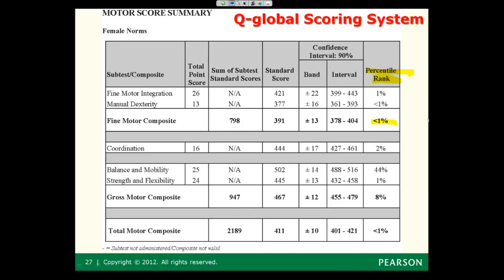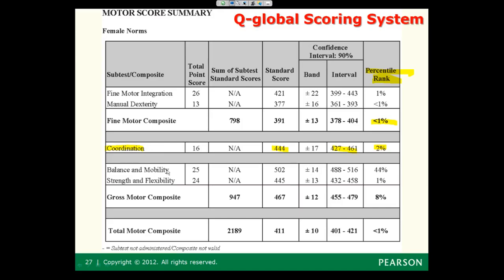In terms of coordination, a standard score of 444 with 427 to 461 for the 90% confidence interval corresponds to the second percentile for motorically healthy adults. But if you remember correctly, we're going to look at this more in a little bit, the coordination subtest had a lot of variability there. So we're going to start to see how that plays out.